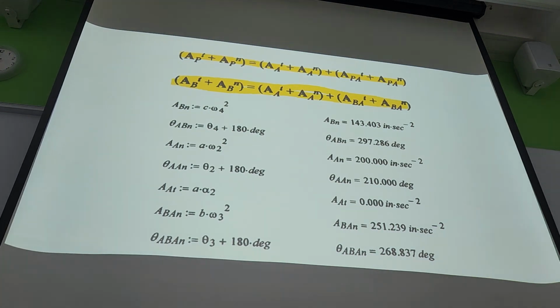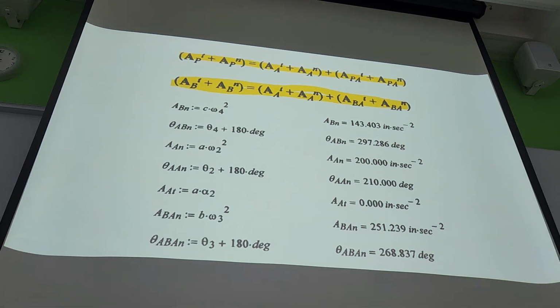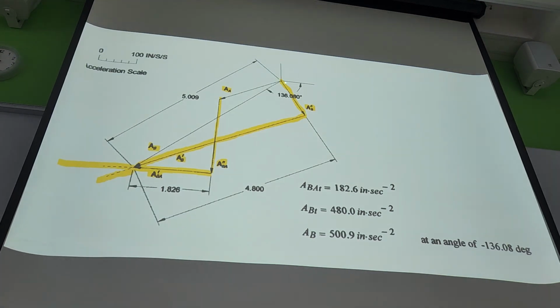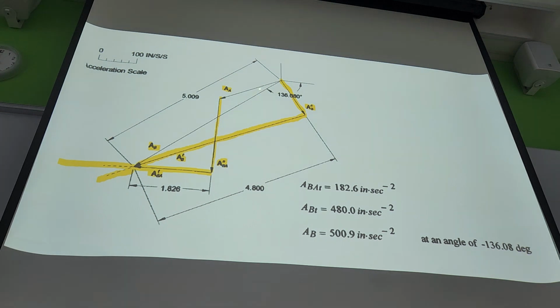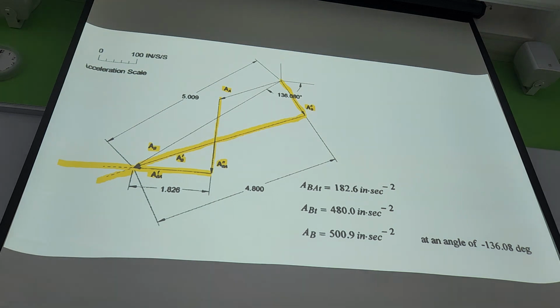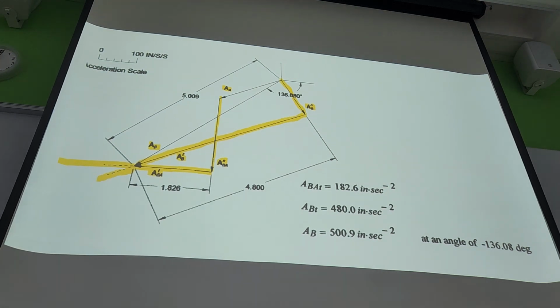So the direction is 210 and the magnitude is 200. When you plot from here, this is the 200-scale acceleration of A at 210 degrees. You are just plotting acceleration of A because you know magnitude and direction.